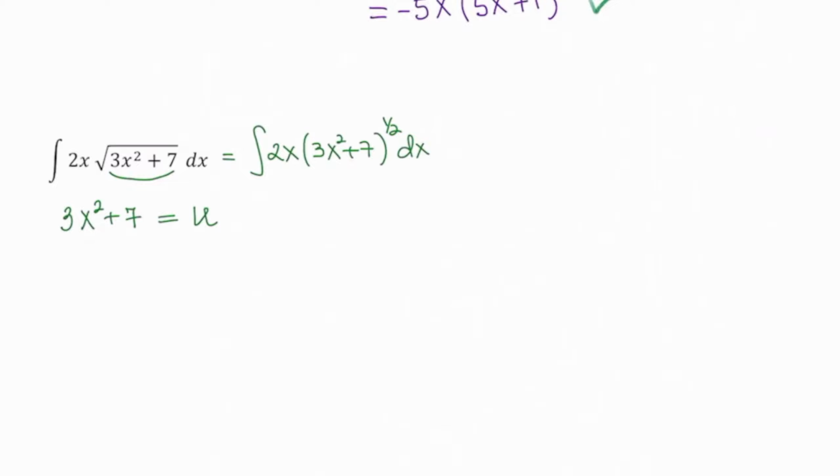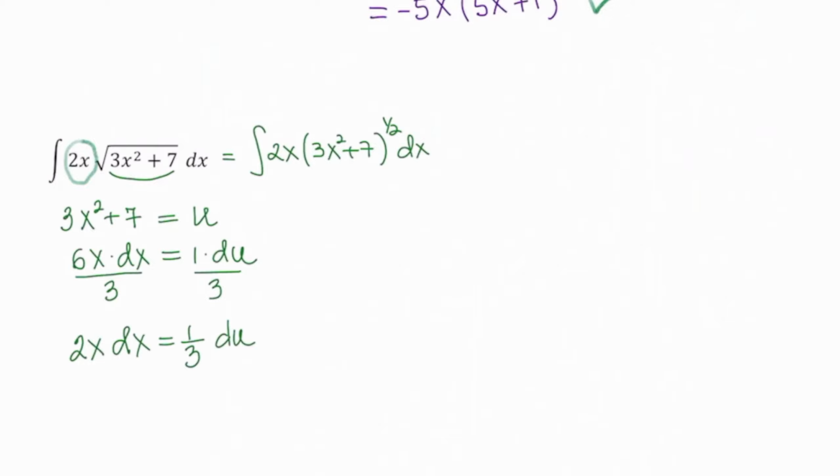And now we differentiate each side. On the left, we get 6x dx. On the right, we get 1 du. Again, I'll look back here in my integral, and I have 2x. So what does it tell me? I need to divide each side by 3. So 2x dx is equal to 1 over 3 du.